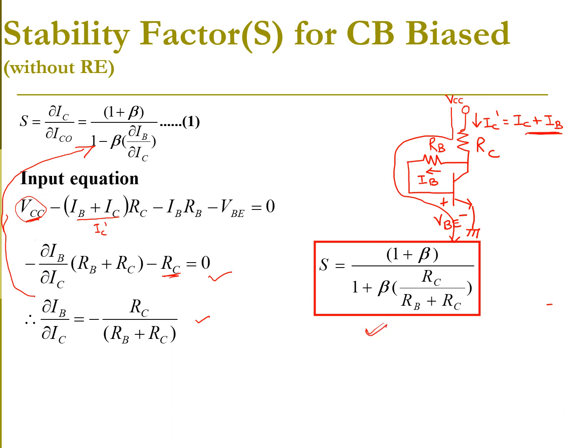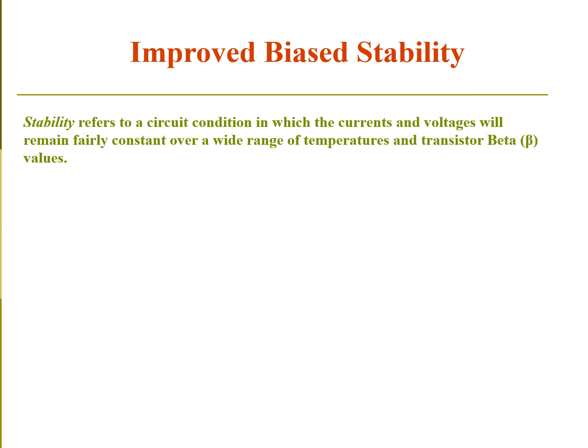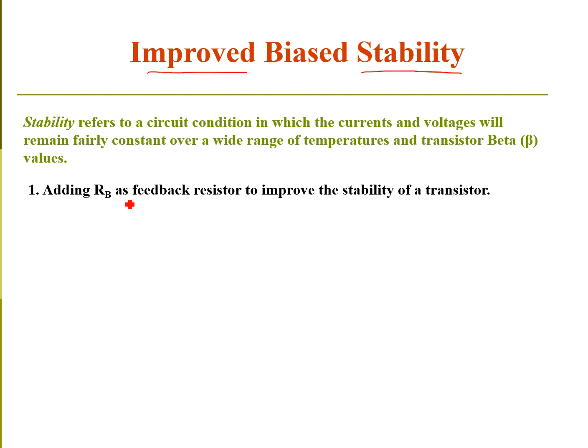Next step, once we have got the stability factor, we have to comment on the stability of collector to base bias. So the comment is there is improved stability. So how is there improved stability? The first factor we'll be seeing is how the resistance RB, which is the feedback resistor, improves the stability of the transistor.